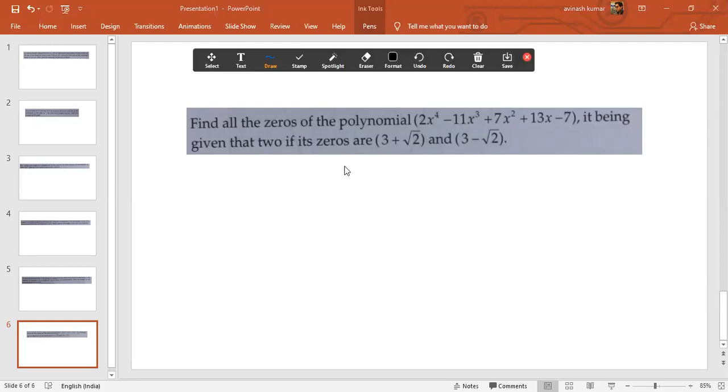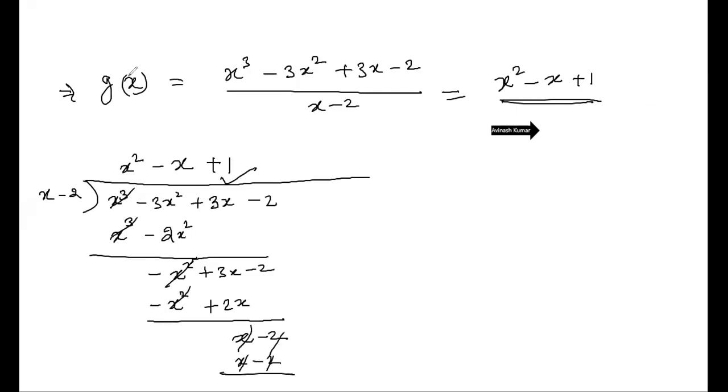What is the expression given? 2x raised to 4 minus 11x cube plus 7x square plus 13x minus 7.